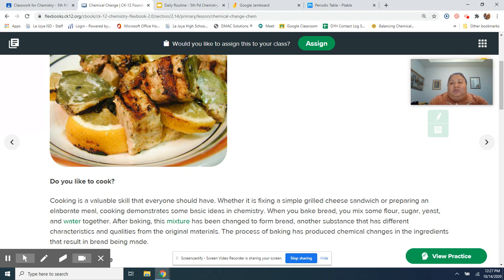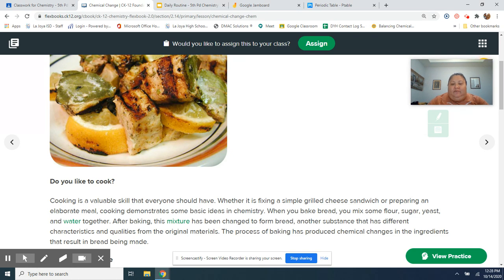That is a chemical change. Why? Because those ingredients are gone. Once you've applied that heat in the oven and changed it into bread, you have created a new substance. Those ingredients have chemically combined to form this nice baked bread.